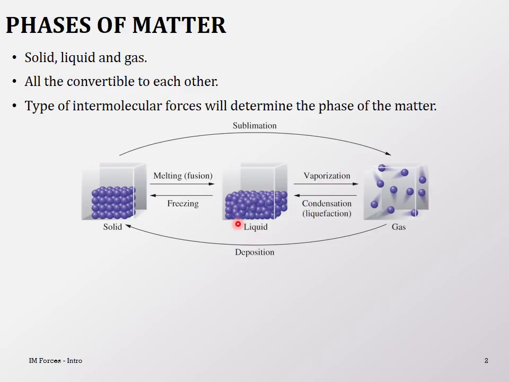Going from a liquid state to a solid state is called freezing, just like normal. Sublimation is the conversion between a solid to a gas. So the liquid phase is bypassed in this one, and the gas can go back to the solid in deposition.